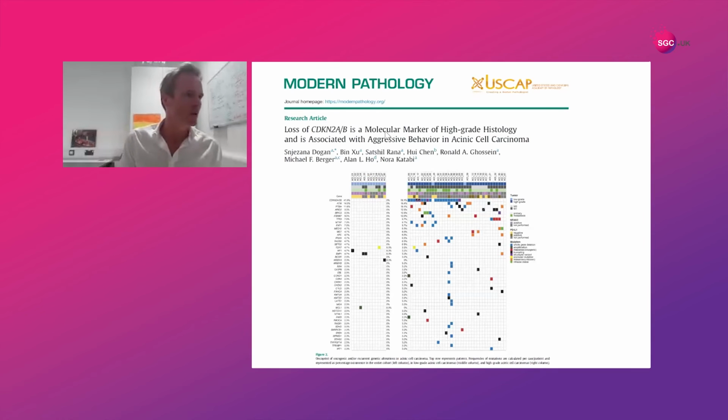So it's another paper from the last couple of years. It's a much bigger number of patients than we've got, although it's still a pretty small number, looking at patients with acinic cell carcinoma.